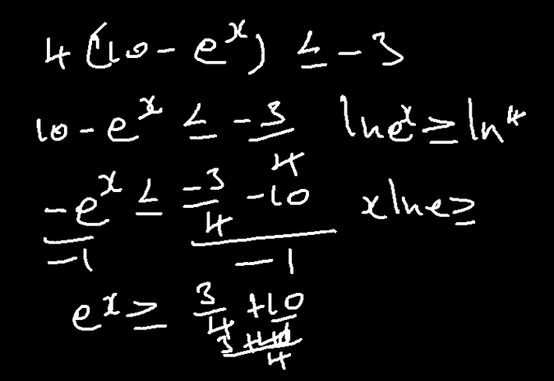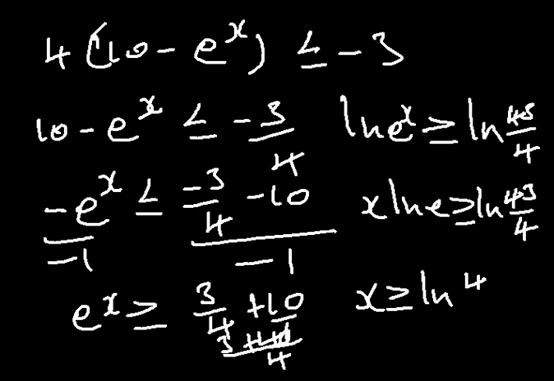So ln 43 over 4. Which means we have x greater than or equal to ln 43 over 4. So this is part of the linear inequality. So this is the solution.